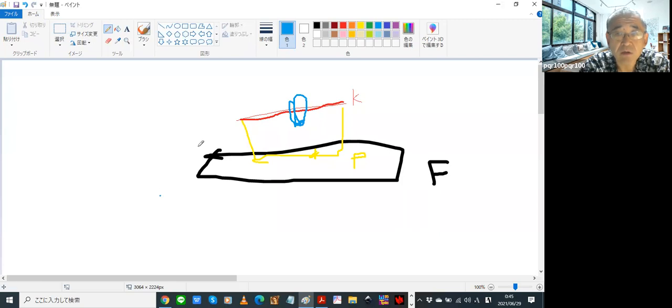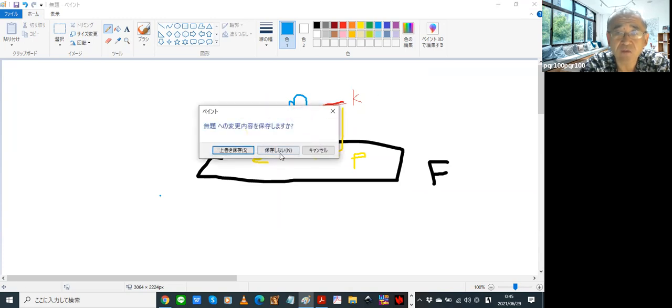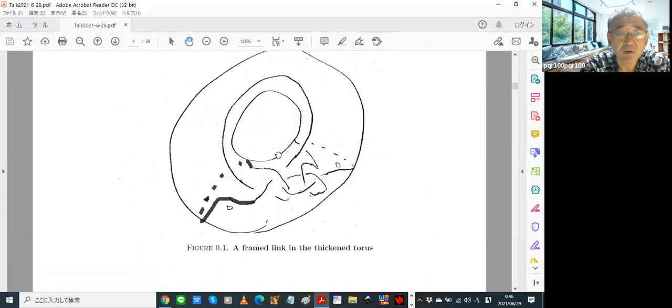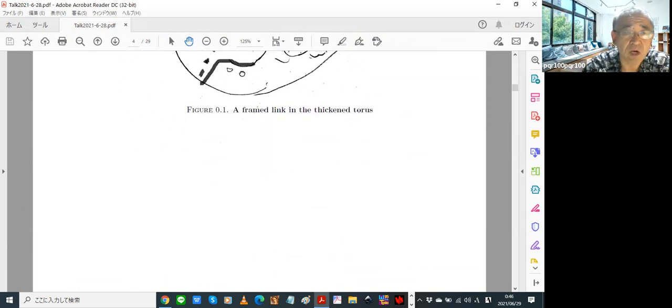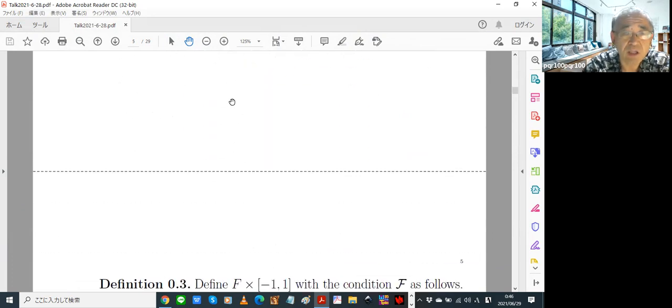We think framing, we think projection, and use a band or immersed annulus to define framing. By using this framing, we attach a four-dimensional two-handle and we get a four-manifold.